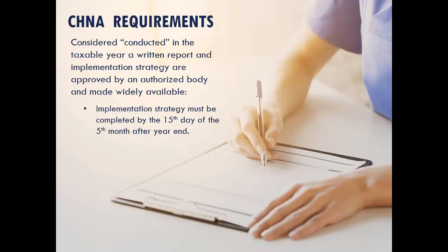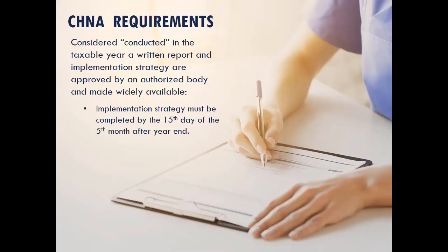And this is one of the areas that we see most often: the failure to meet this time frame. Sometimes we'll hear clients say, well, our board didn't meet before December 31st. They met January 15th, so we had it approved January 15th.